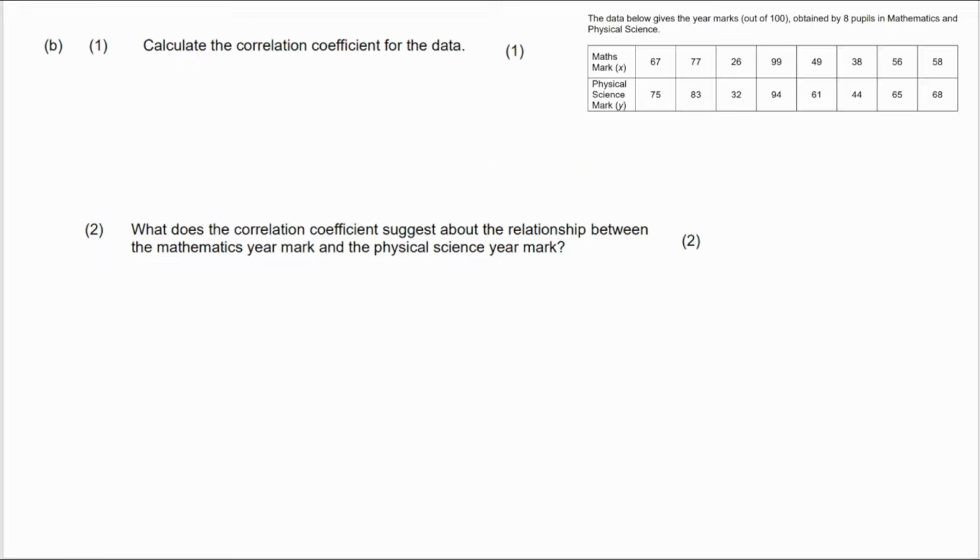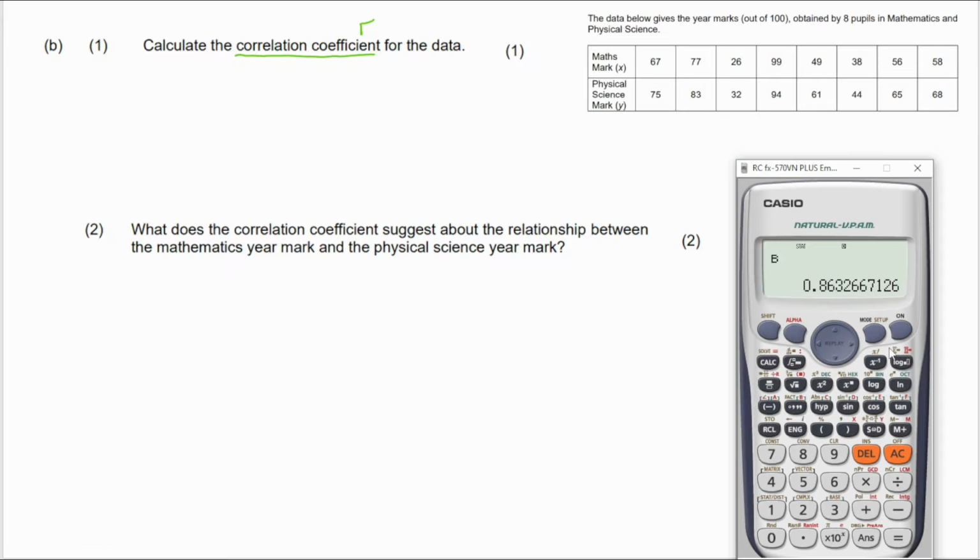So that is that. Nice and easy first question of the exam for 3 marks. Now they say calculate the correlation coefficient for the data. This is R. Still in the calculator, we're dealing with regression, so we go number 5, and you'll see number 3 is R, the correlation coefficient.